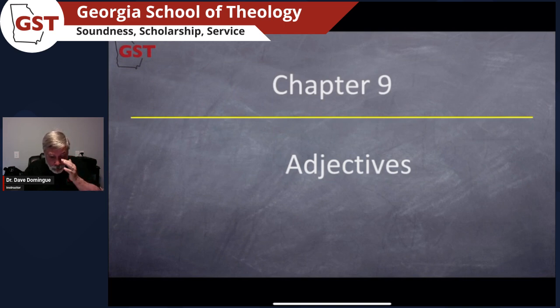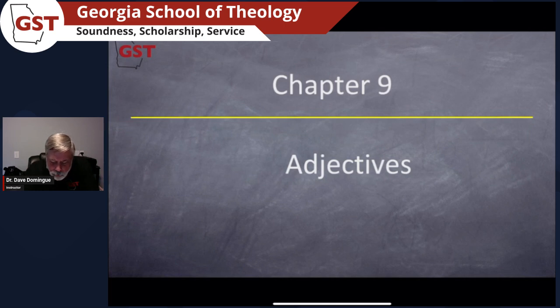Adjectives. We're in chapter 9. Right, adjectives are really significant, and let me give you an example. We're going to look at this a little deeper later. Our book has this on page 79, Basics of Biblical Greek, with William Mounce.